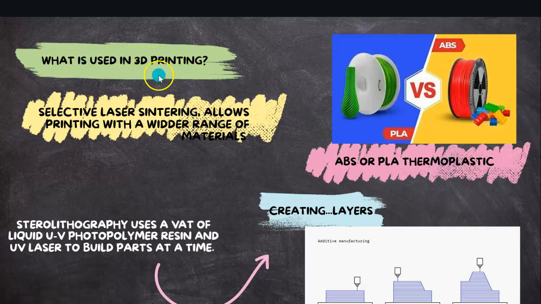What is used in 3D printing? Here we have selective laser sintering, which allows printing with a wider range of materials, including metals. Here we have ABS or PLA thermoplastic.